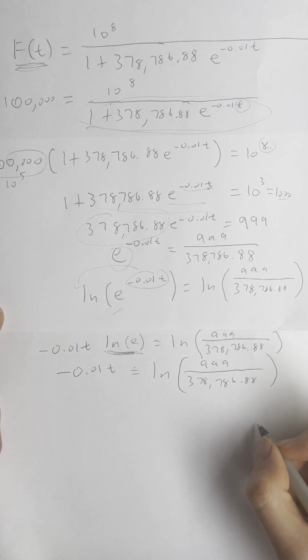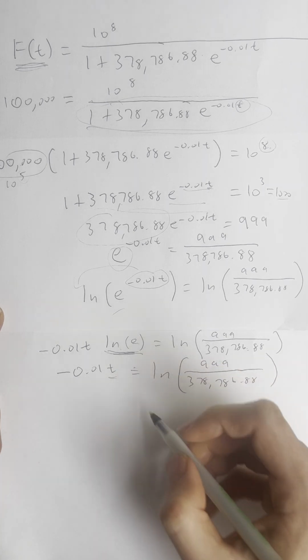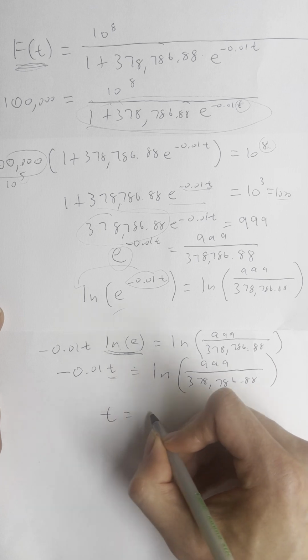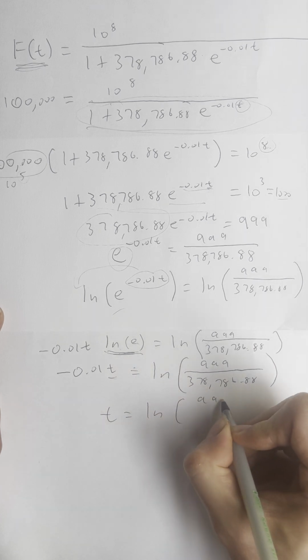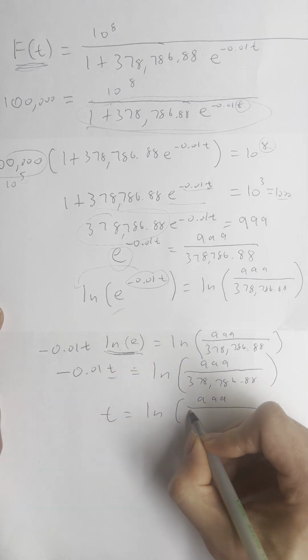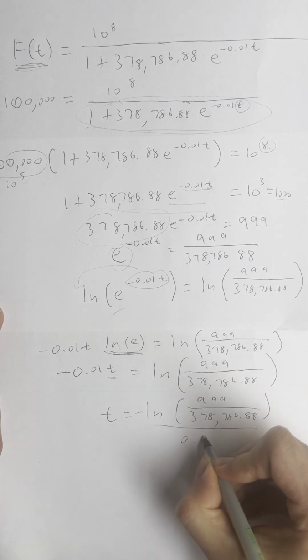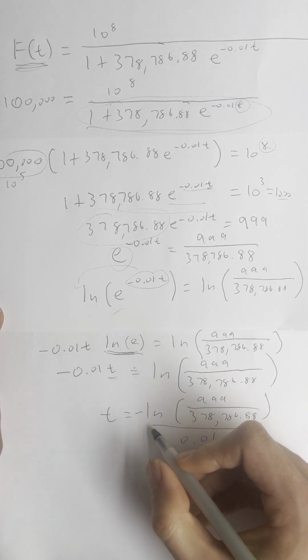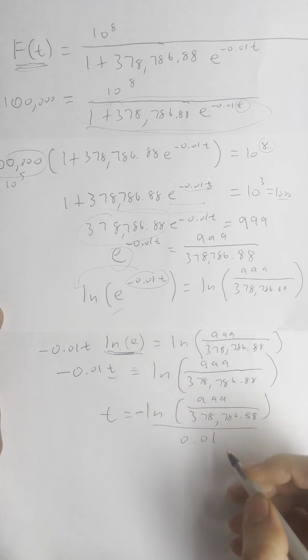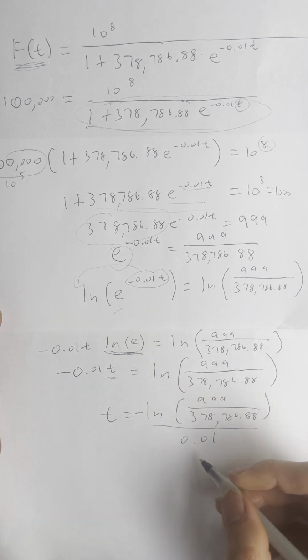And then how do I get t by itself? We're going to be dividing. So I'll just move the negative sign from here to here. And what's this going to give us?